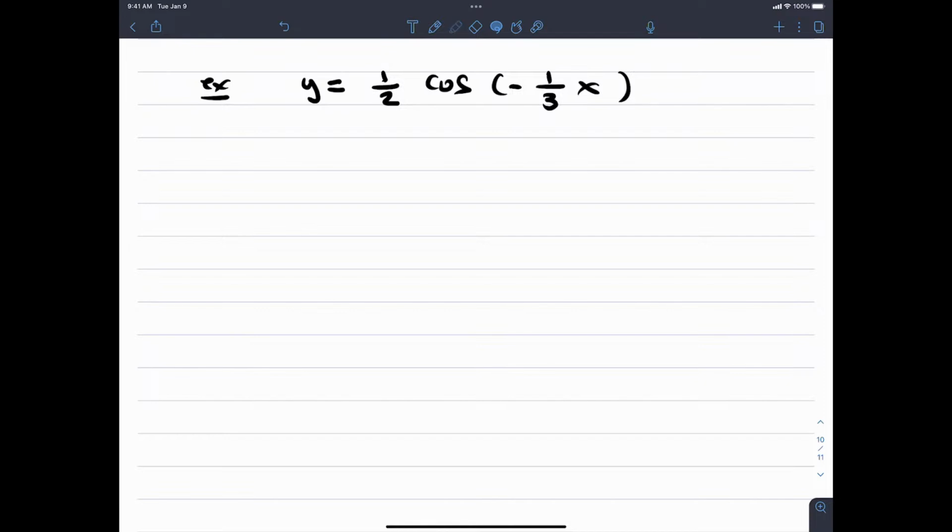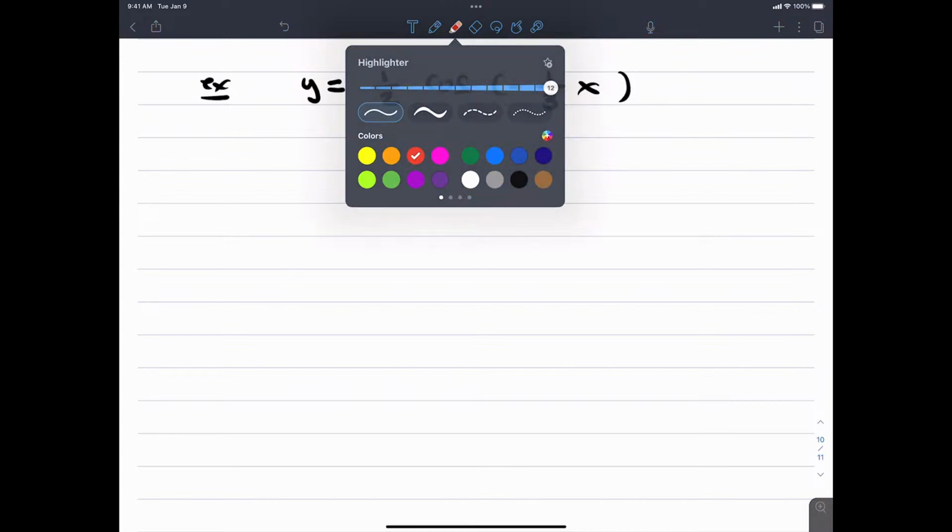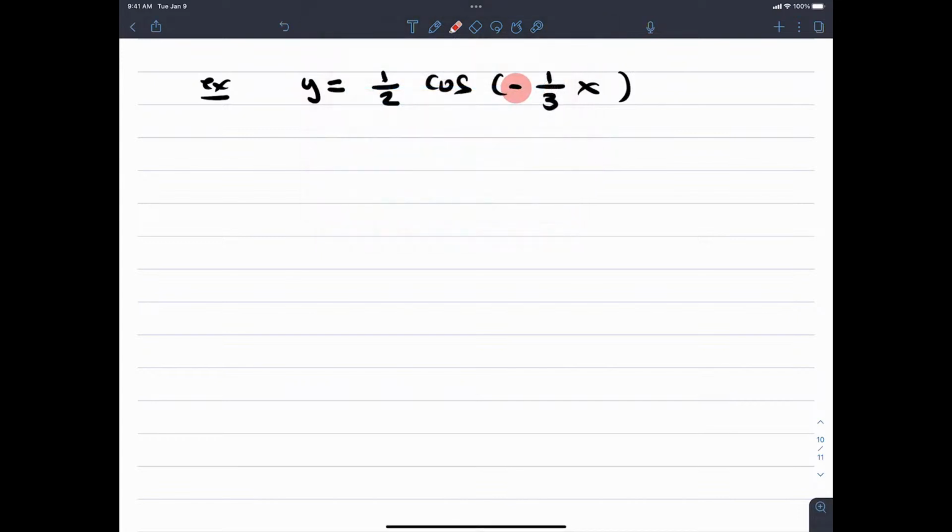So what do you guys want to remember here? You have an issue, right? What's the deal here? That negative sign.